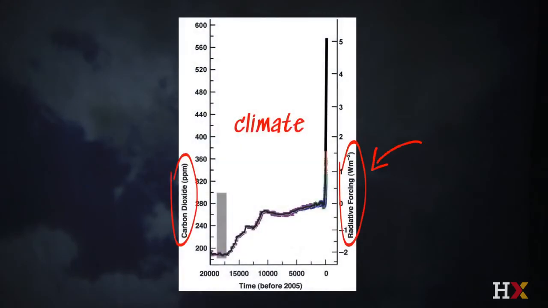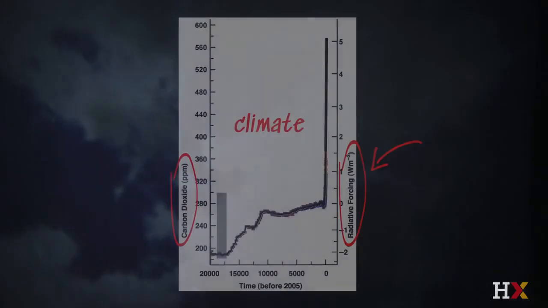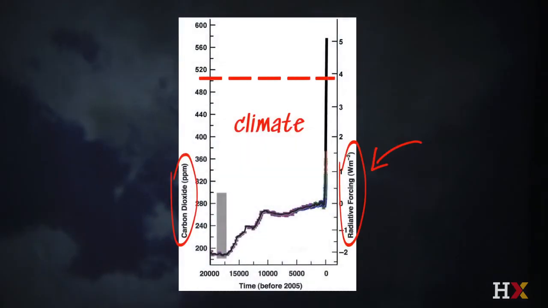And as I mentioned before, if you look just at the carbon dioxide concentration, that's about 406 parts per million now. But we have to also take into account increases in methane and increases in N2O. And when we do that, we are now sitting at just about 500 parts per million of CO2 equivalent, and that corresponds to almost 4 watts per square meter of forcing of the climate.